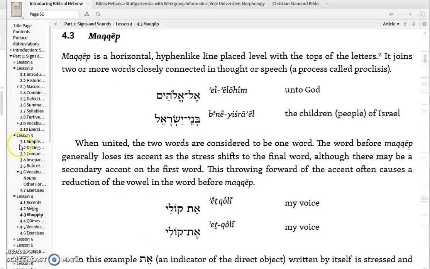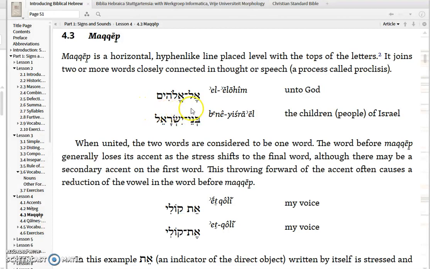Let me move on to describe the makef. The makef is a little horizontal line that sometimes will connect 2 Hebrew words. So here you have the word El, unto, and here you have the word Elohim, God.